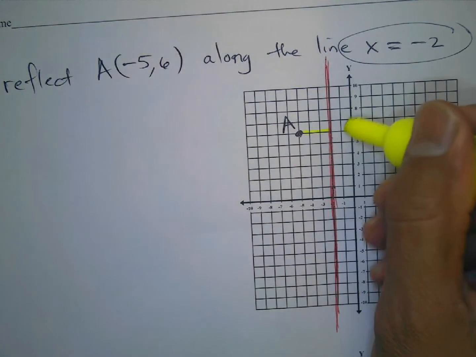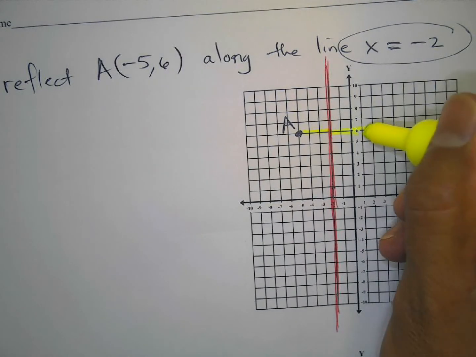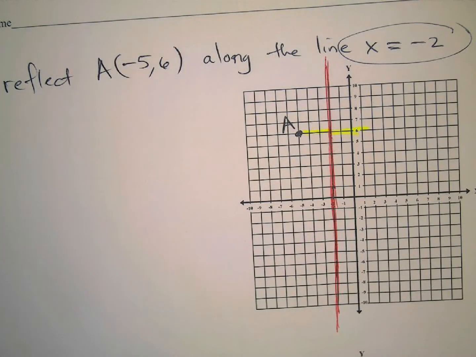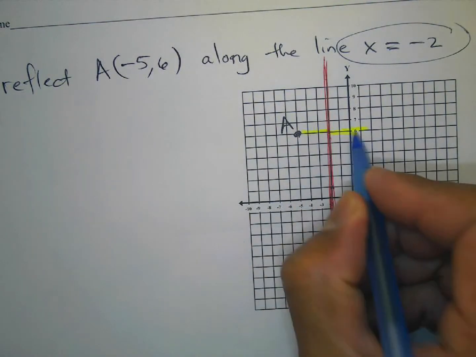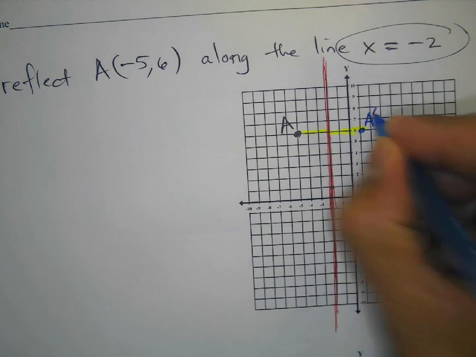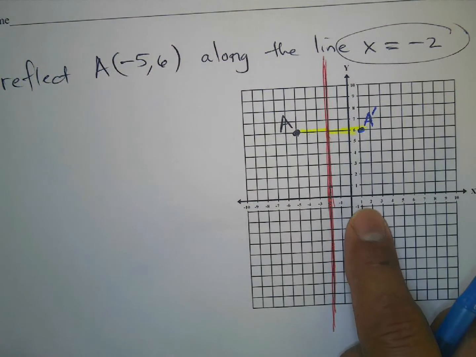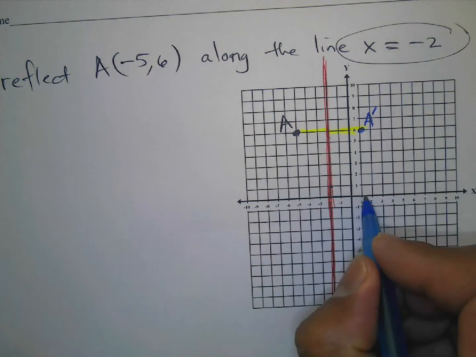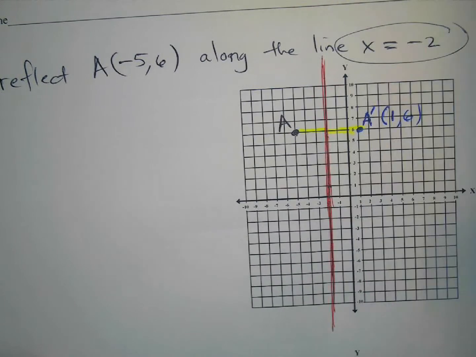So you just count 3 the other way. 1, 2, 3. Remember, this is the pre-image, so the image is here. Here's going to be A prime. And then now you can easily find the coordinates for A prime. That's going to be 1, 6.